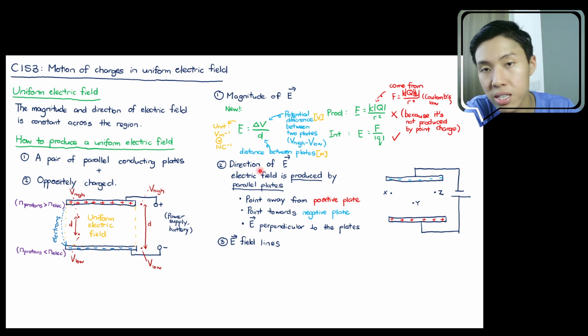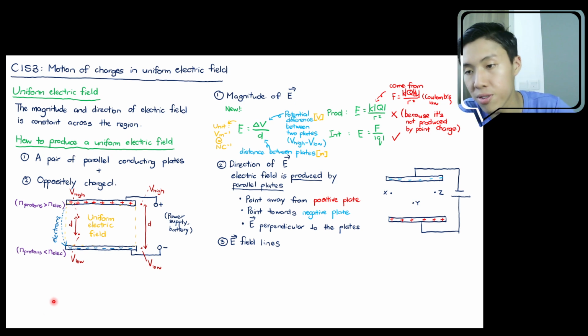So we learned that the direction of the electric field is pointing away from the positive plate. If you want to point away from the positive plate, you should be pointing upwards, right? You must be pointing towards the negative plate, so upward is definitely pointing towards the negative plate. And E is perpendicular to the plate. So if our plate is horizontal, we know that our electric field should be vertical.